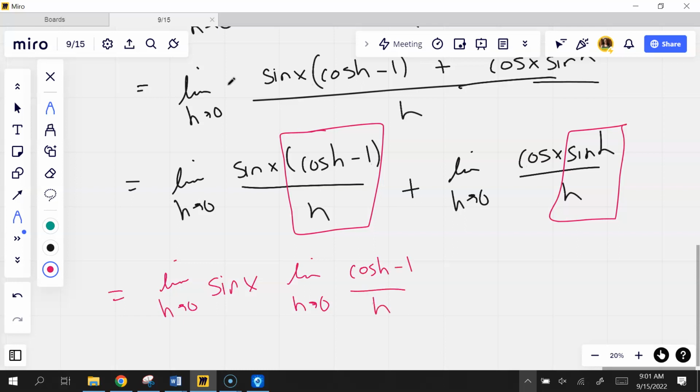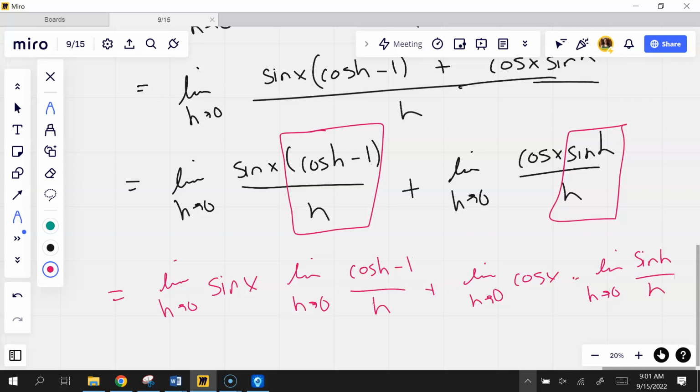I don't know that you will ever have to do this. This just increases your skills of understanding. That's why I asked y'all first if you want to see it. And I'm going to do the same thing over here: the limit as h goes to 0 of cosine x times the limit as h goes to 0 of sine h over h.